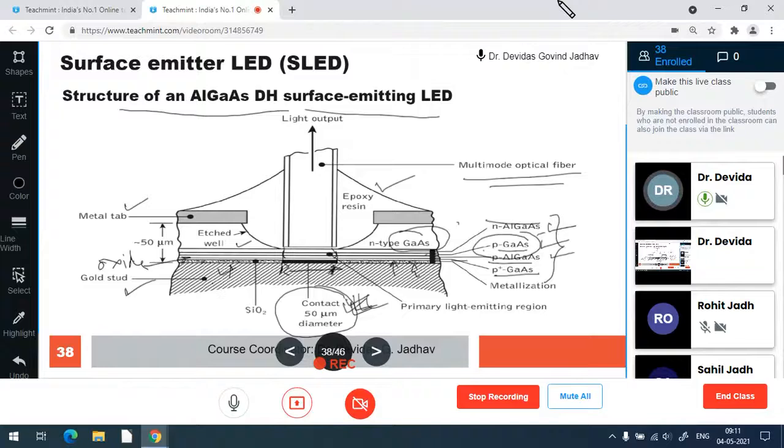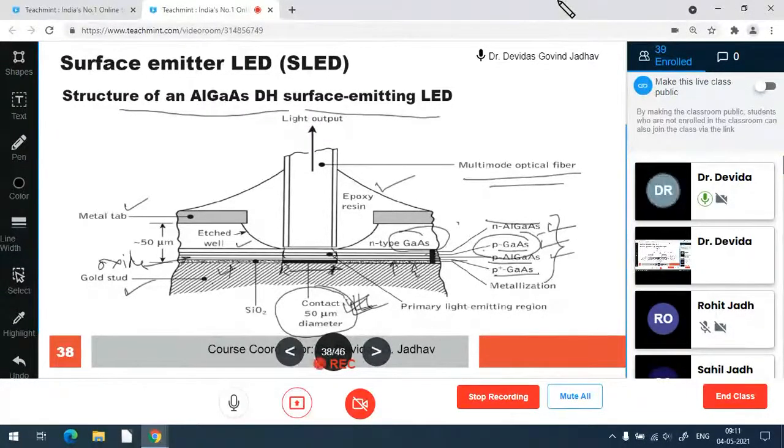So the total volume of the active region for pumping, for this population inversion, for high density, high level atoms, and for a large number of photons inside, becomes very small. That increases the concentration of photons and of charge carriers in that area, and only that area is allowed for electron hole recombination.